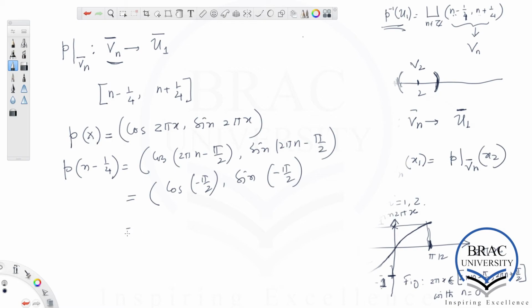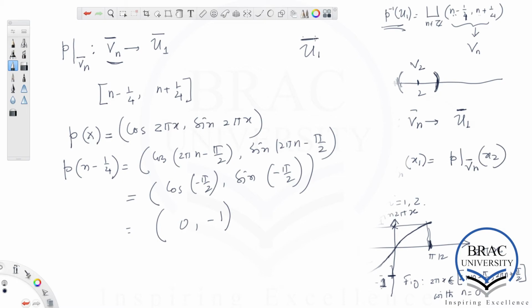Okay, which is cosine minus pi over 2 is going to be 0, and sine minus pi over 2 is negative 1. Okay, so that's one endpoint of the closed arc U1 bar.